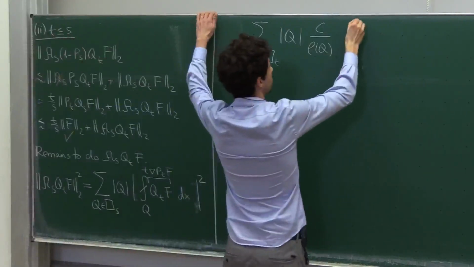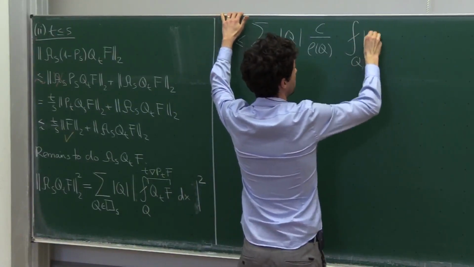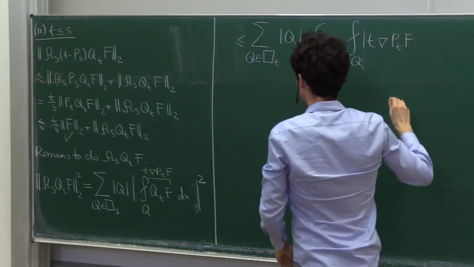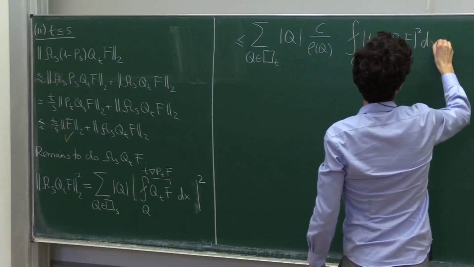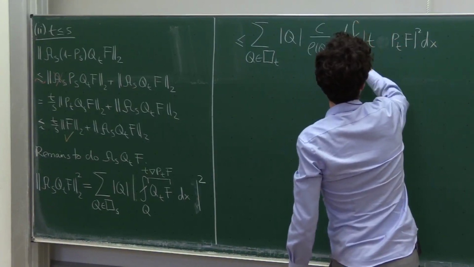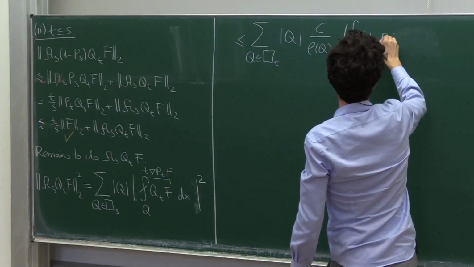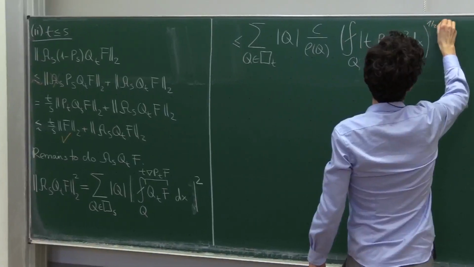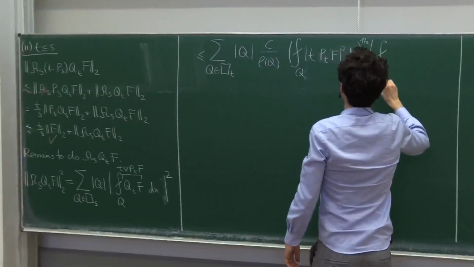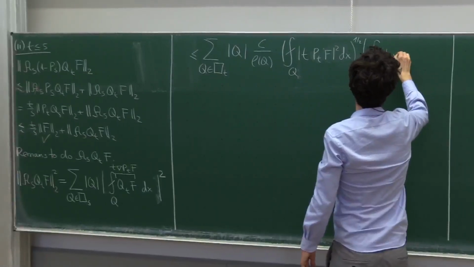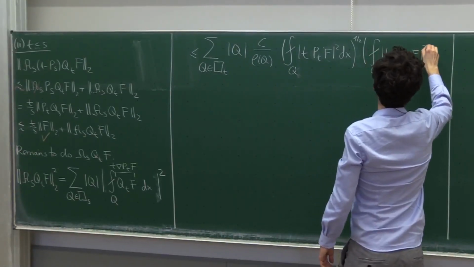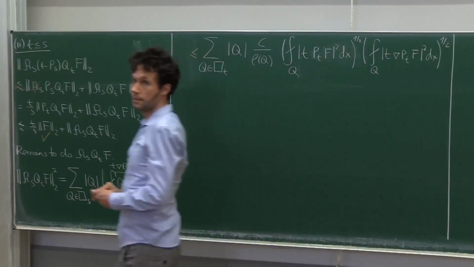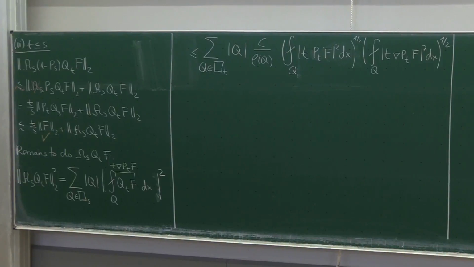So this gives me the average on Q of t grad P_t f squared. In the lemma, I think the u was first. Okay, so let's be like in the lemma, then it's the average of t P_t f squared dx to the 1/2, and then the average of t grad P_t f squared dx to the 1/2. That's what the lemma says.